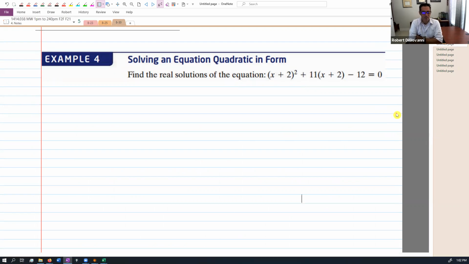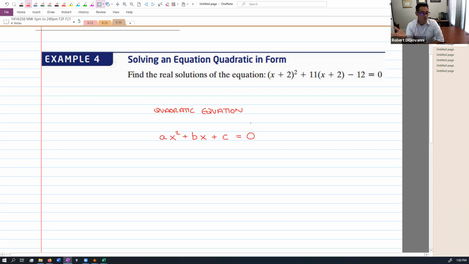We want to solve an equation quadratic in form. All right, so we should all know going into this what a quadratic equation is. A quadratic equation is any equation that looks like this: some number in front of x squared plus some other number in front of x plus some other number equals 0.